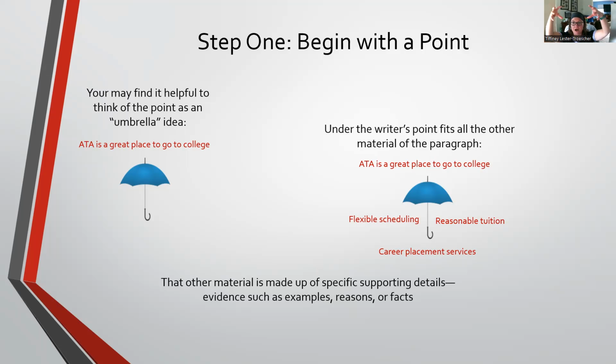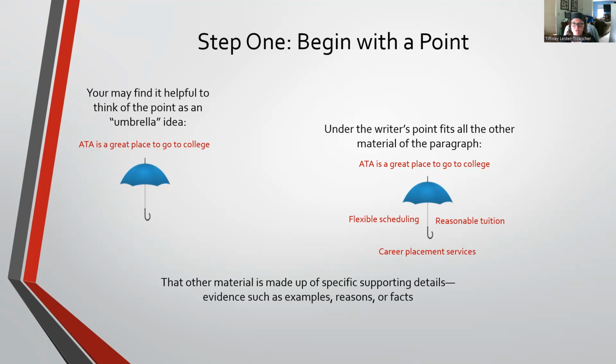And then our main ideas that will help support that topic sentence all fall under that umbrella. So my three main reasons why ATA is a great place to go to college are flexible scheduling, reasonable tuition, and career placement services. Those three main ideas fall under that umbrella of why ATA is a great place to go to college. And then I'm going to explain each one of those.